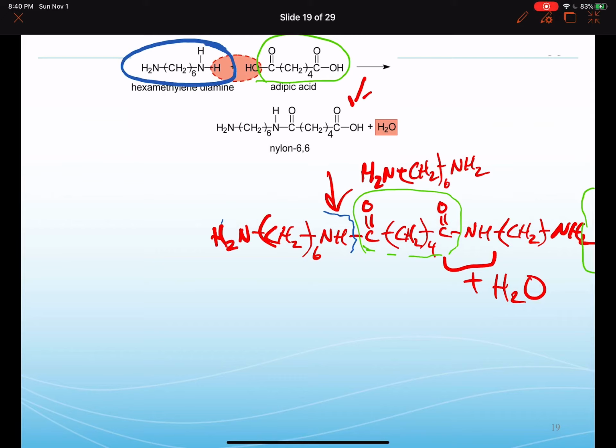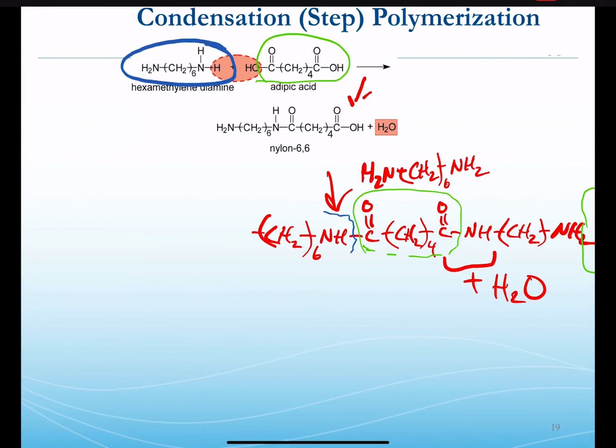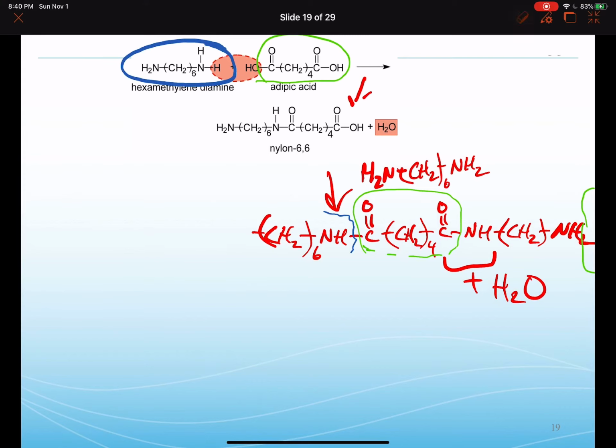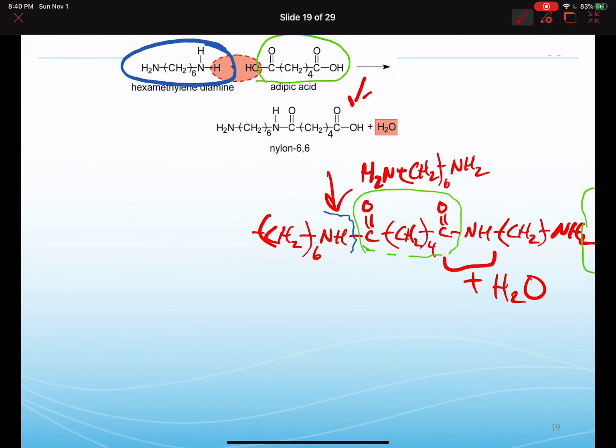And to ultimately show the repeat unit here, if you wanted, we can try to do that. We're going to need to just open up this end. Okay, and so I want to be able to capture in my parentheses the blue and the green pattern.